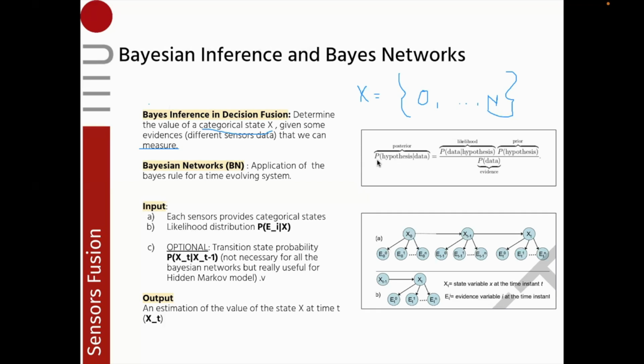First of all, on the right part of the slide, you will see the application of the Bayesian rule in a sensor fusion context. So our posterior probability is what we actually want to optimize. And this is the probability of the hypothesis. With hypothesis, we mean the hypothesis that x, the state, is equal to 0, the hypothesis that x is equal to 1, or n, given the data, given the evidences we have measured in our system.